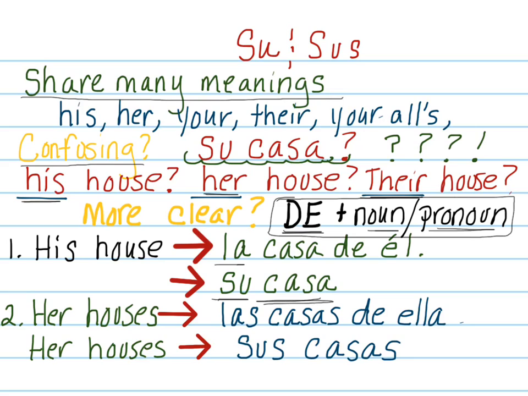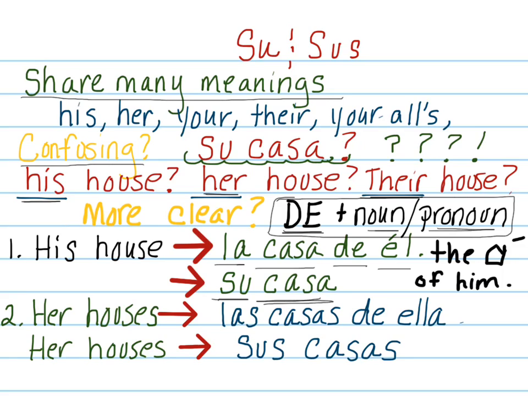So it's la casa de él. Literally, you're just saying the house of him. So let me draw a house of him. That's what you're literally saying. That's my house. It's kind of cute. There's some smoke.